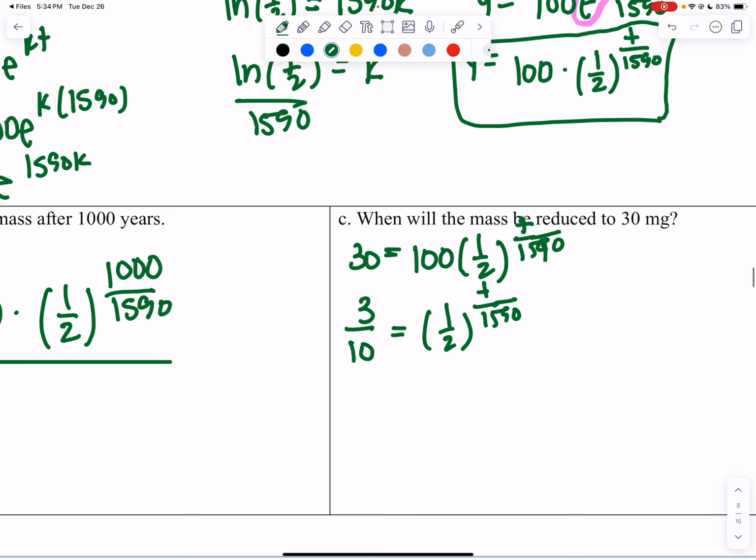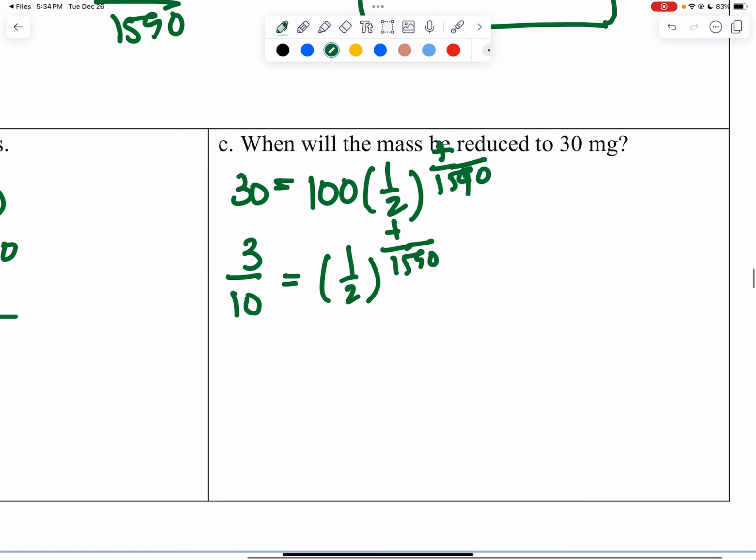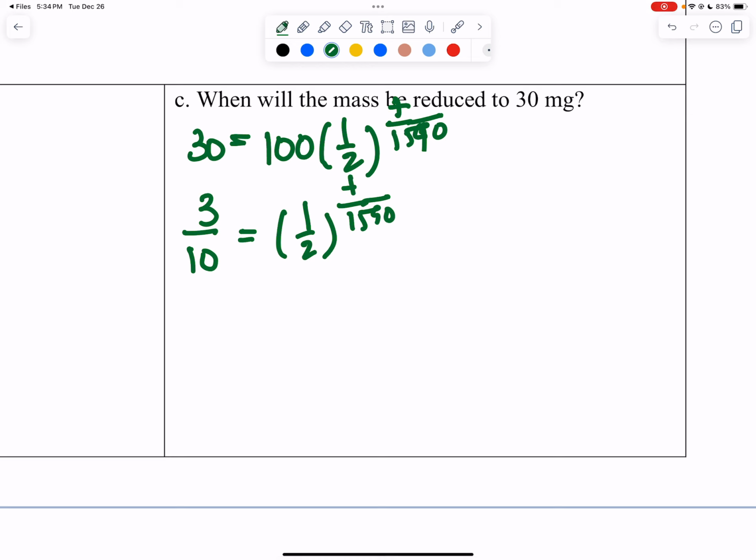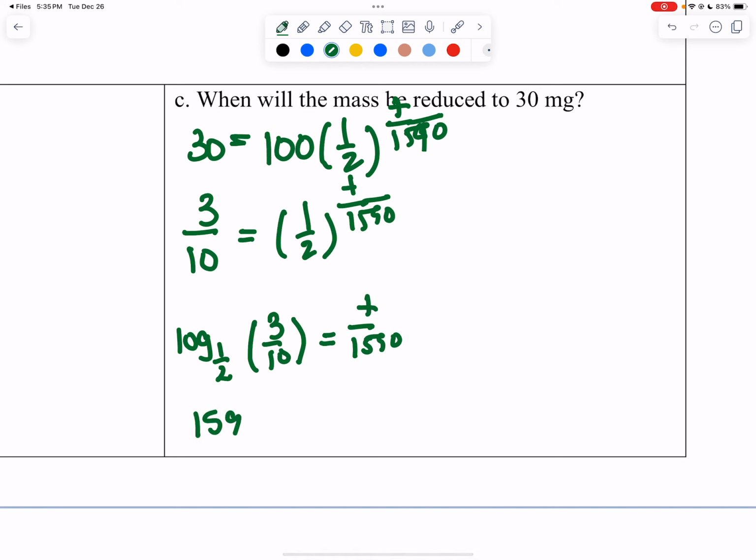And then, of course, we are going to solve for t. In order to solve for t, since this is in the exponent, we are going to log it. So I have log base 1/2 of 3/10 is equal to t over 1590. And then solving for t, I have 1590 times log base 1/2 of 3/10 is equal to t.